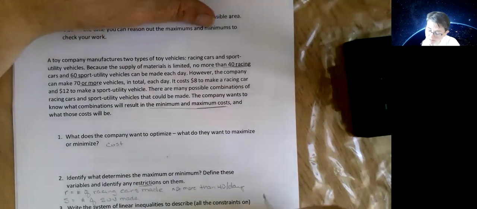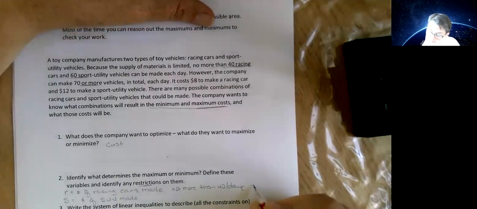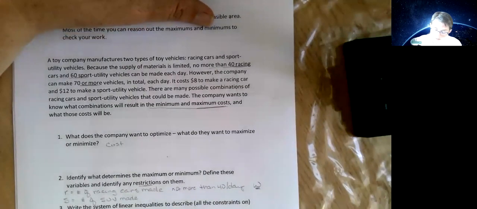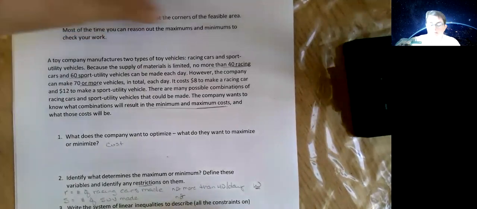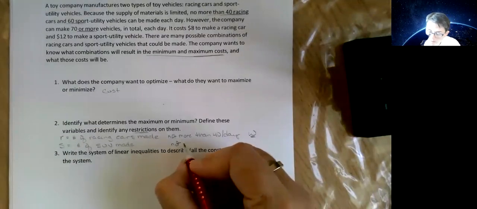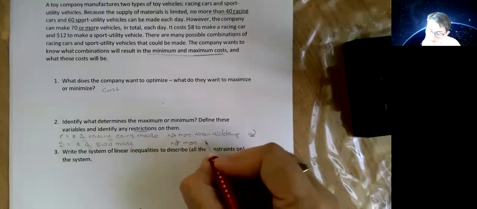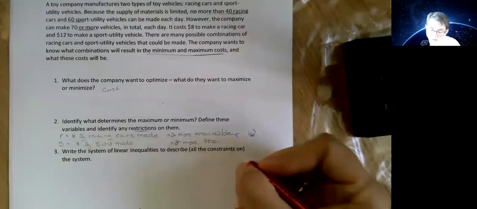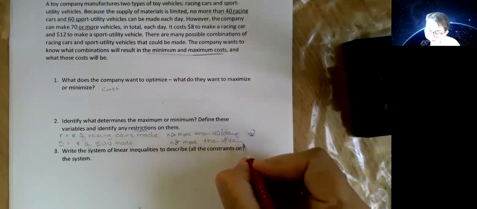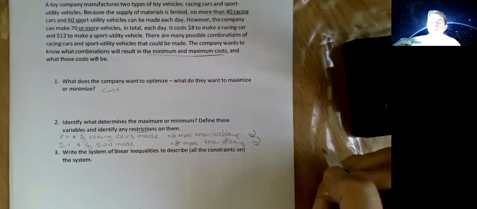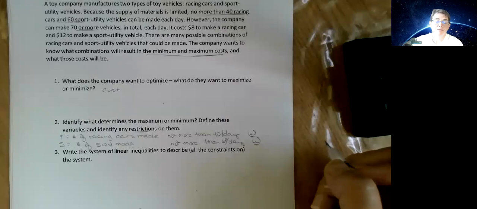So I'm going to say it's whole numbers. Now SUVs, not more than 60 per day. And I'm also going to choose whole numbers there. If you're not sure what to choose when you've got a word problem, just use whole numbers. It's the one that's going to make the most sense.